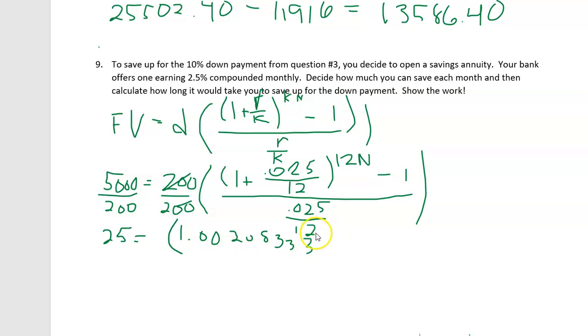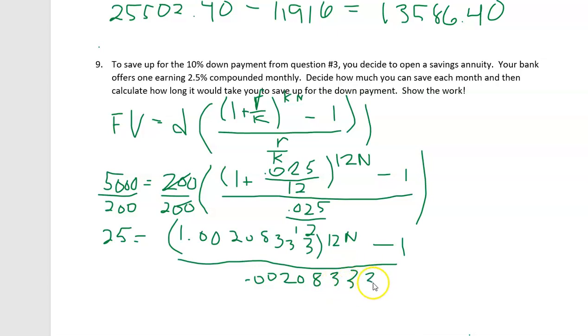And let's remember this is still to the 12n power minus 1. And then I'll do the bottom calculation. 0.025 divided by 12 is just this without the 1. So it's 0.00208333.